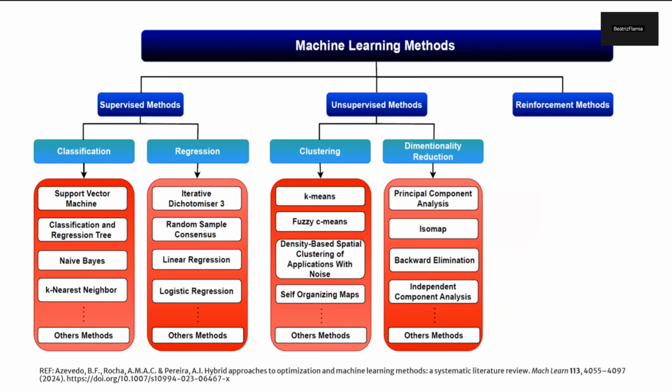Here we have the same divisions: supervised, unsupervised, and reinforcement methods. In supervised, we normally have classification and regression. In classification, we classify a data set. For example, if we have a data set that contains fruit, we have apples, bananas, and so on.